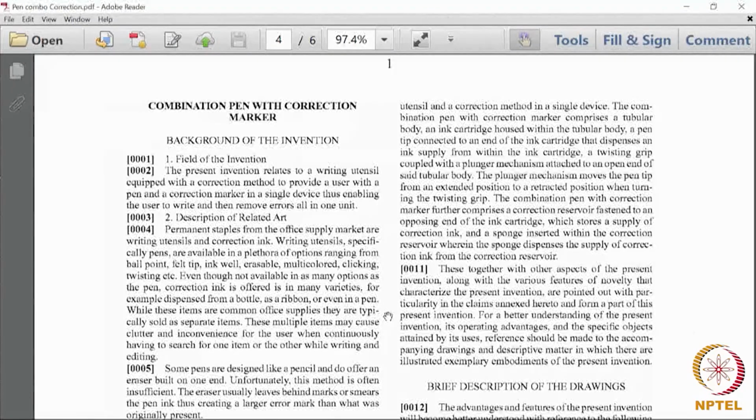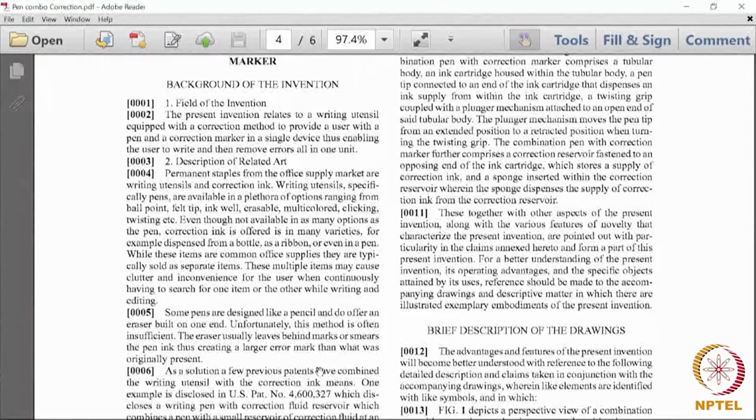There could be description of prior art. The description of prior art could be general statements, as you can find here, or it could be specific statements like referring to an earlier patent or a patent number or to a scientific article or a research publication. So, description of the related art could be through reference, or it could also be through a general way as it is described here.